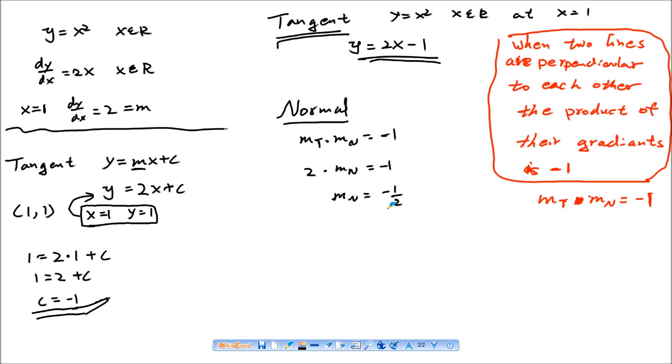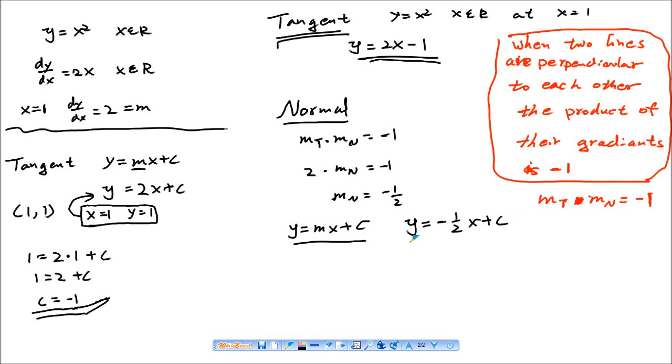As a result, my line of normal will be y equals mx plus c, the general equation for a straight line. Now I know the gradient of the normal is -1/2, so y equals -1/2 x plus c.